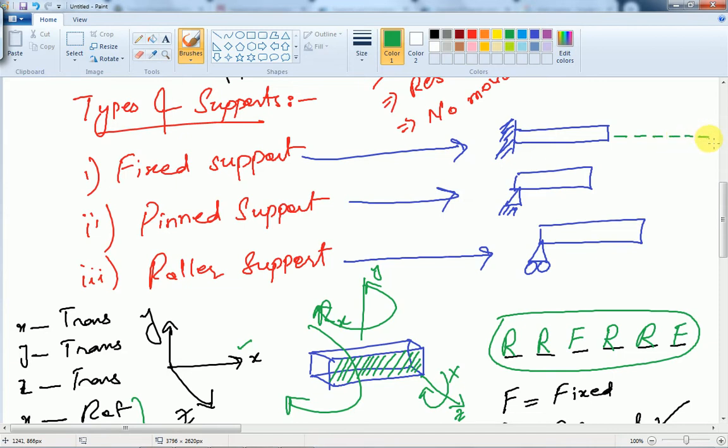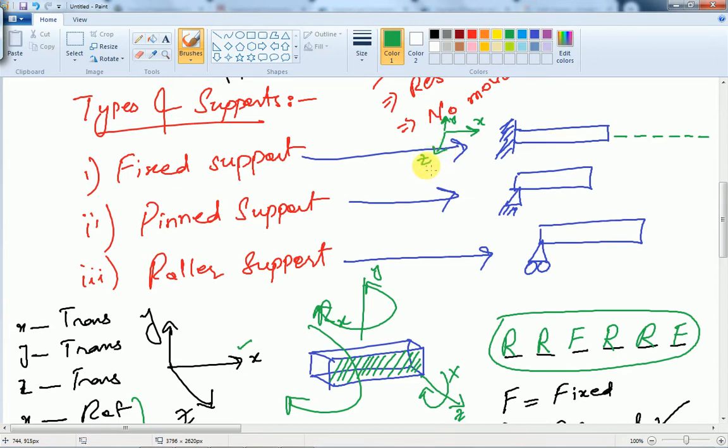If it is a fixed support, is the body permissible to travel along the x-axis? No, it is fixed. It cannot move in the x-axis, it cannot move in the y-axis, and it cannot move along the z-axis.